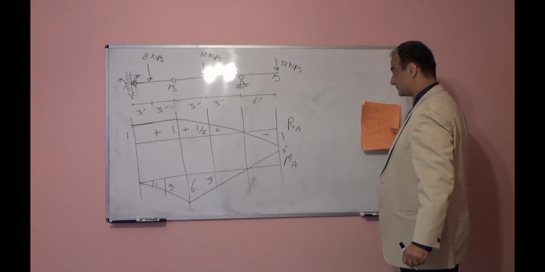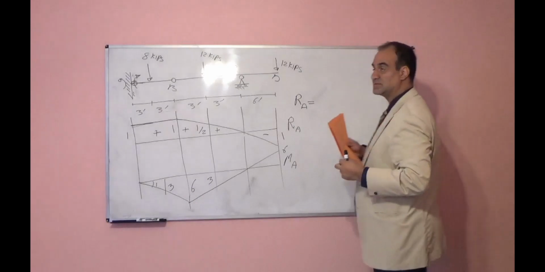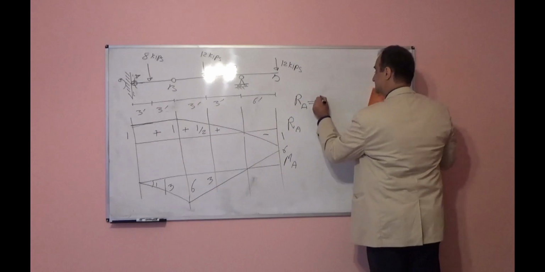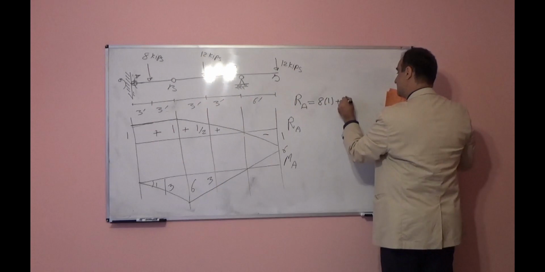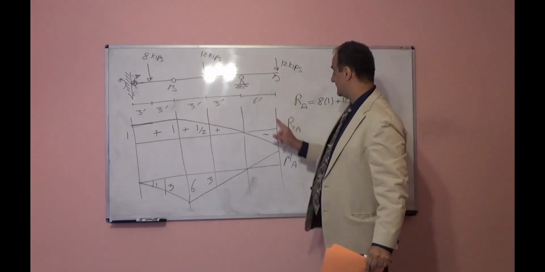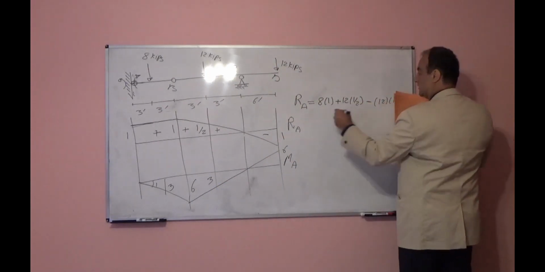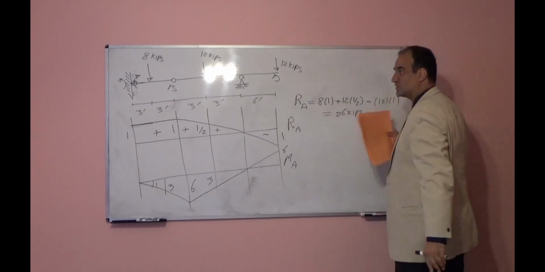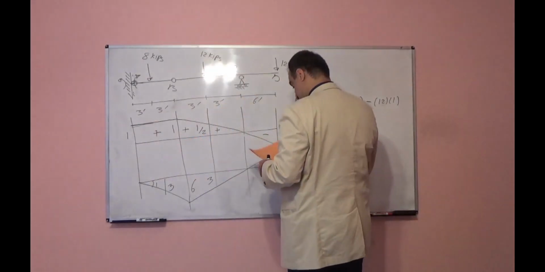Now, if we want to find the reaction at point A, multiply this load by the height underneath it. 8 times 1 plus 12 times half minus 12 times 1, because this is negative. Answer 26 kips. So under these loads, the reaction at point A will be 26 kips.